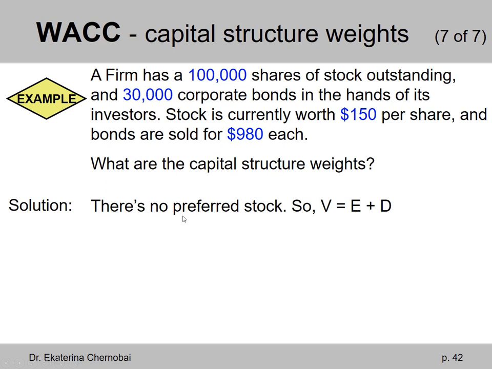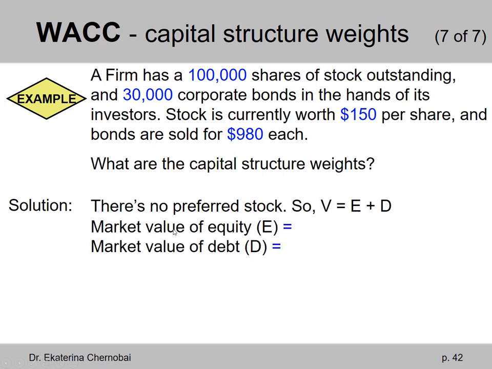Okay, because there is no preferred stock, the formula to calculate the total market value of the firm simplifies to just the sum of two terms: E, equity market value, plus D, debt market value. How do you find the market value of equity and the market value of debt?